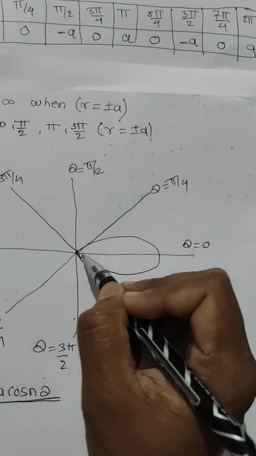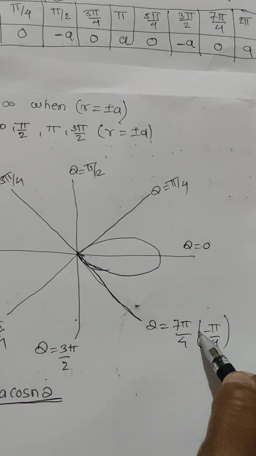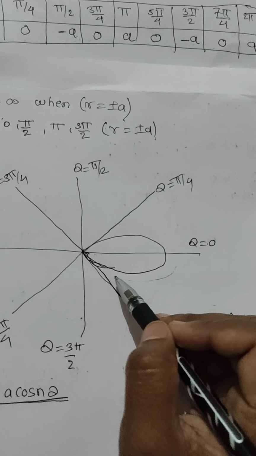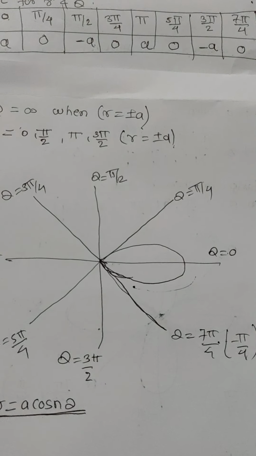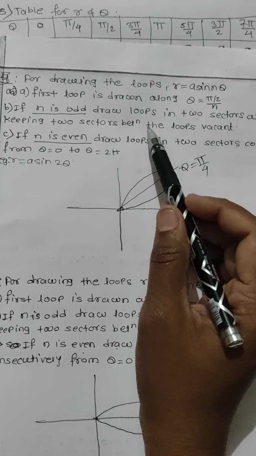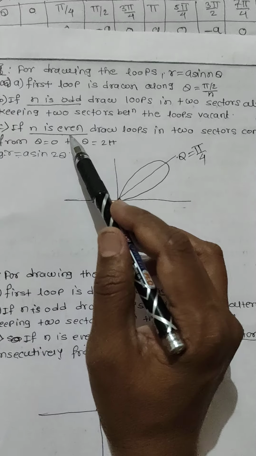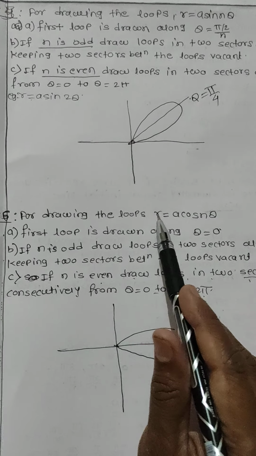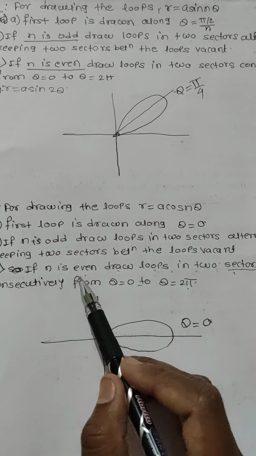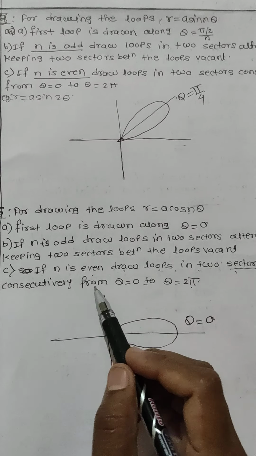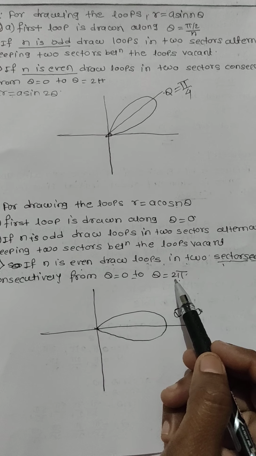Theta equal to minus pi by 4 and theta equal to pi by 4 are the tangents of this loop. After that, the rule is, if n is even, and in our question n equals 2, for r equal to a cos n theta, draw loops consecutively from theta equal to 0 to theta equal to 2 pi.